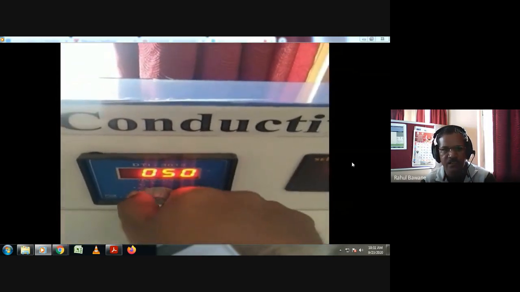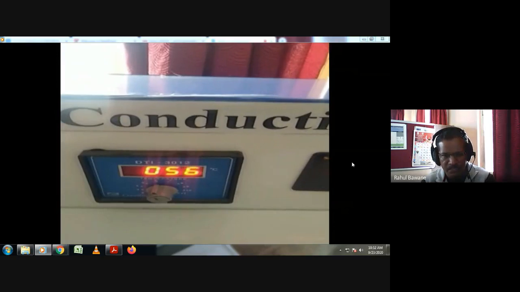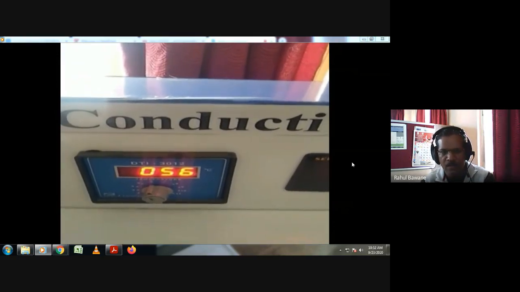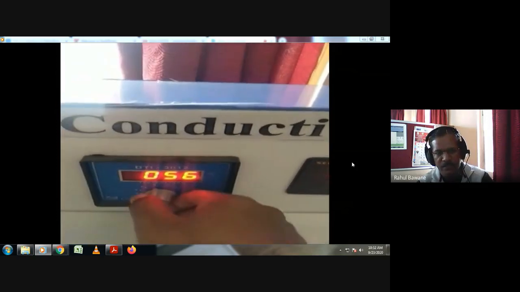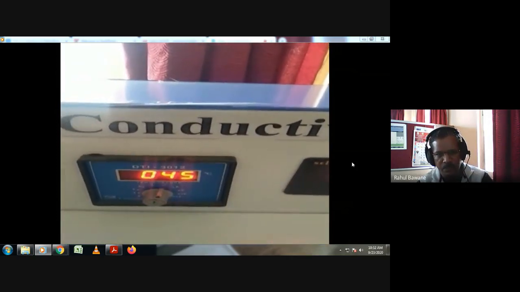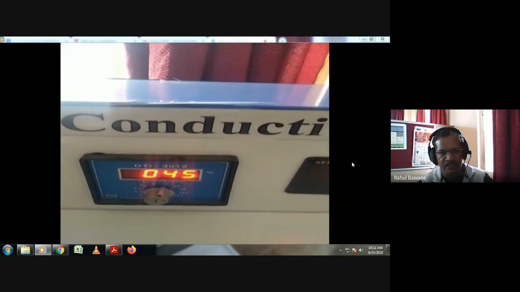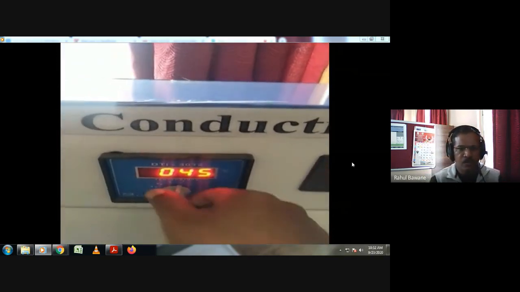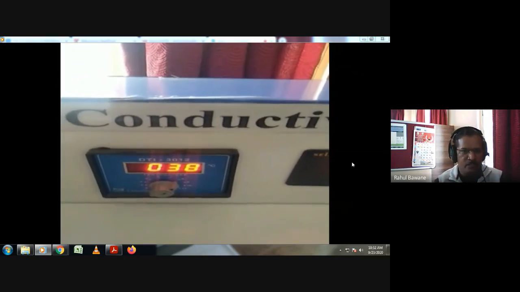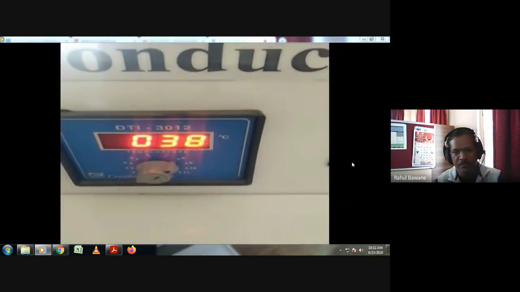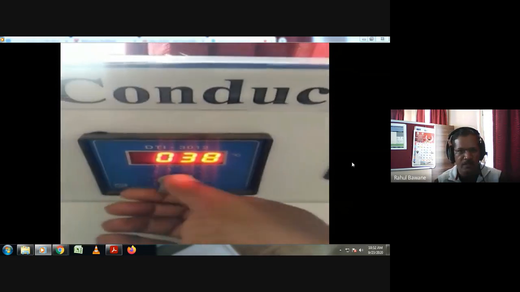Because of our time limits, we start noting down our temperatures after 30 or 40 minutes only, because of the time limits of our practicals. But in actual, if you require the most accurate reading, we have to wait for 1.5 hours or more to get a steady state condition.